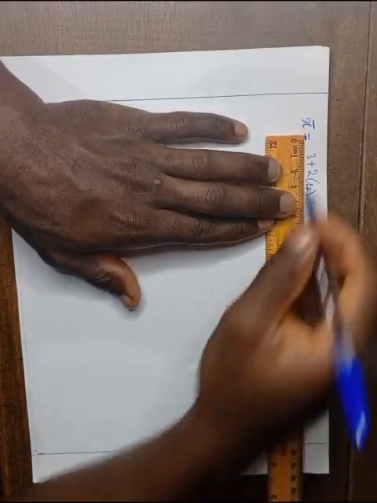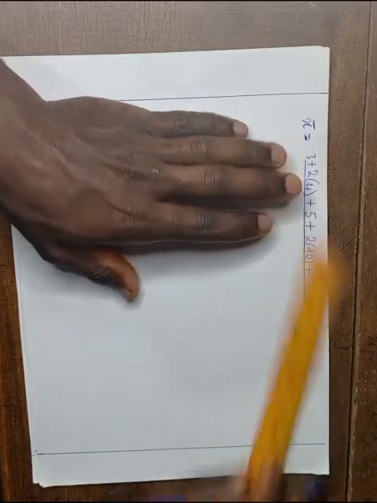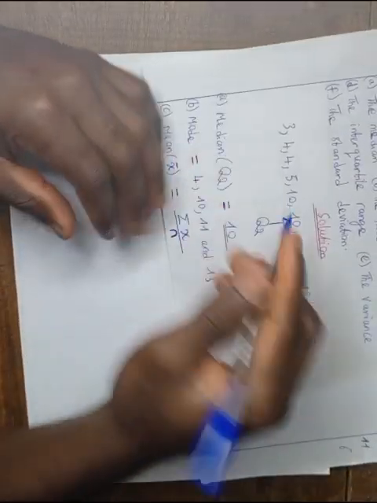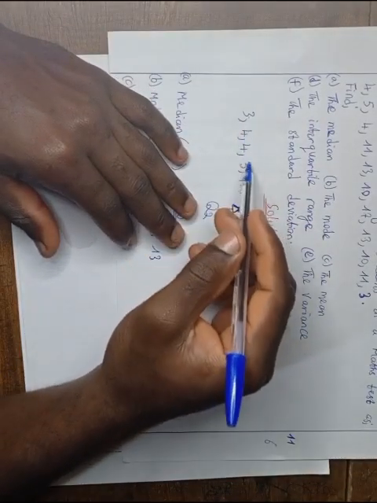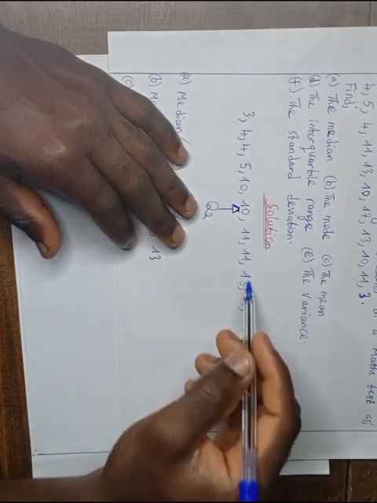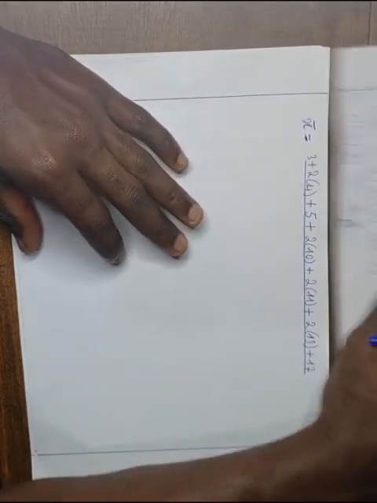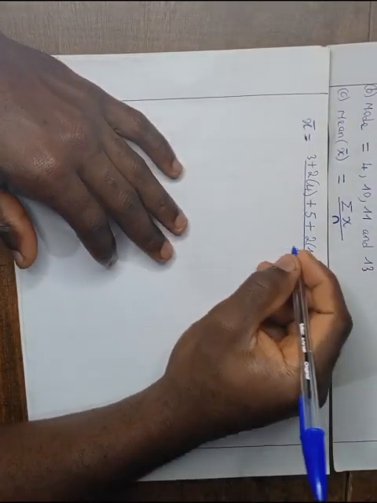Then we divide by the number of observations. The number of observations we have is 1, 2, 3, 4, 5, 6, 7, 8, 9, 10, 11. We divide by 11.